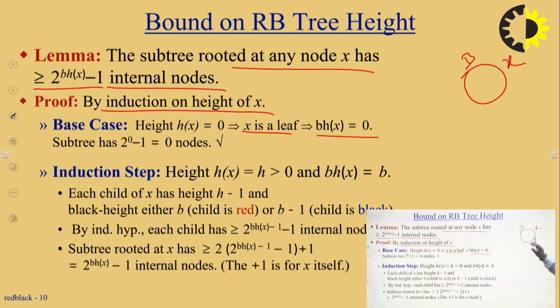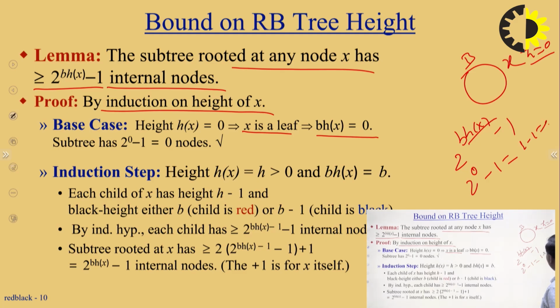Now what is the black height of this? Here the formula is 2 to the power black height of x minus 1. The black height of x is 0. Then 2 to the power 0 minus 1 is equal to 1 minus 1 equals 0. Then the black height of x is equal to 0.